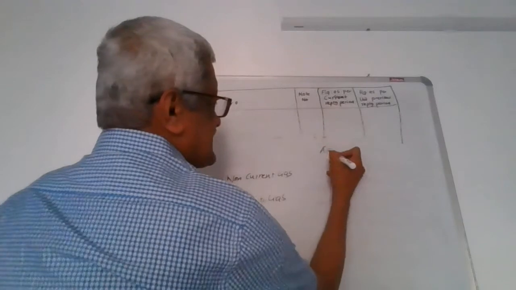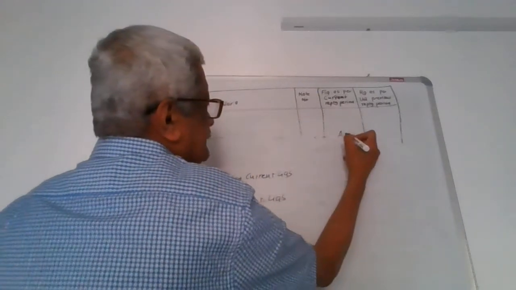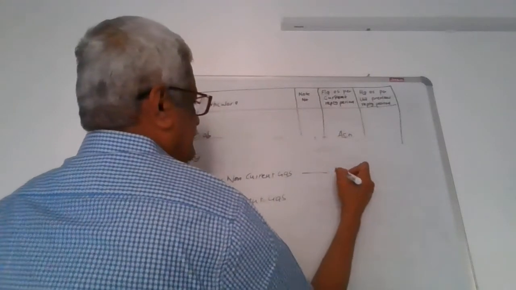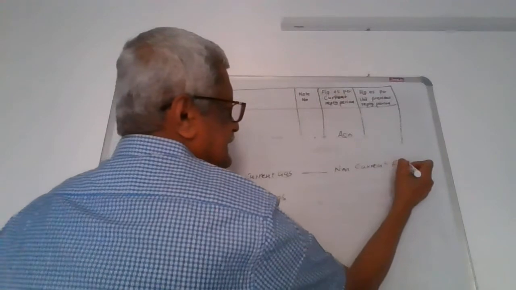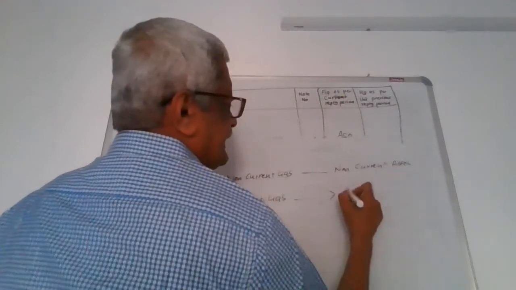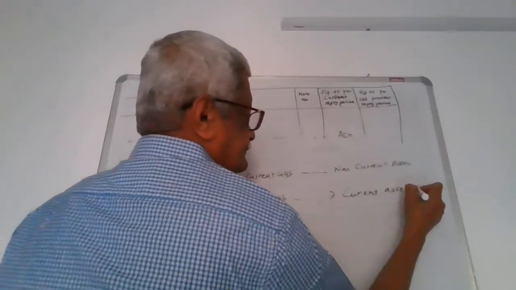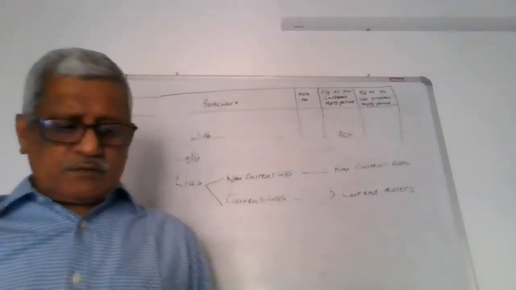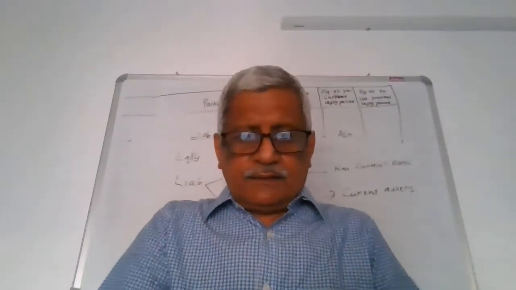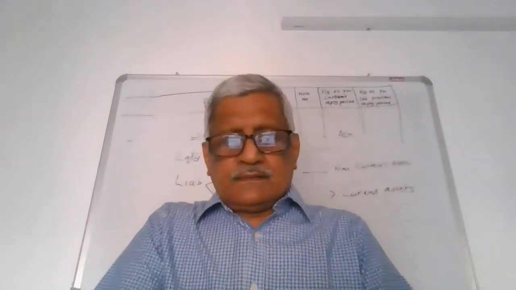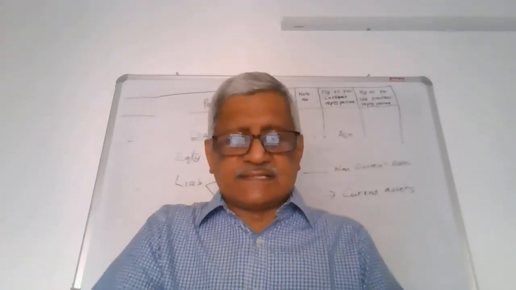When you come to the asset side, we have non-current assets and we have current assets. So this is how the format of the balance sheet under Schedule 3 of the Companies Act is described.